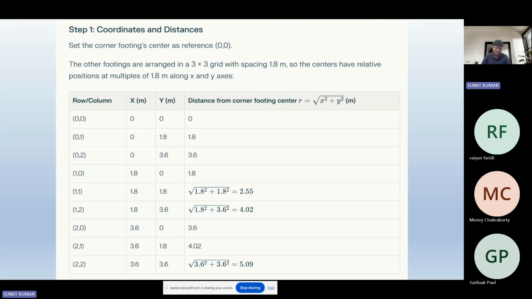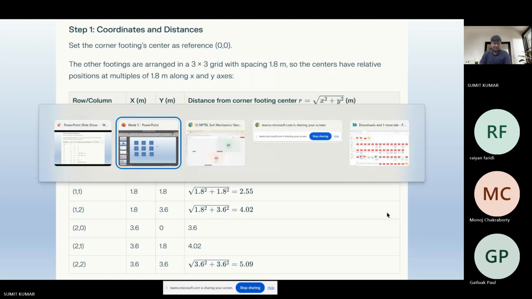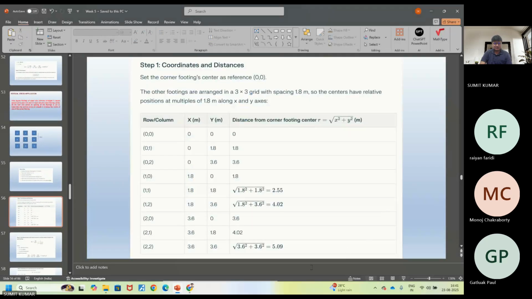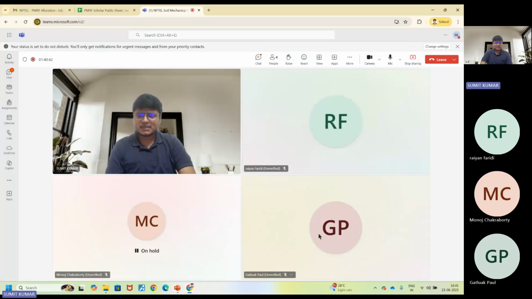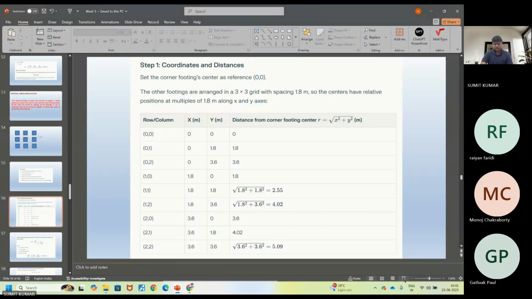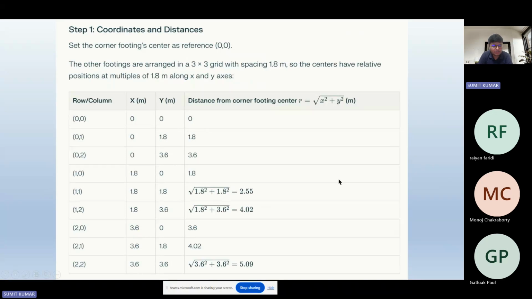So first 0 0, second is 0 1.8, third is 0 3.6, and in this manner we calculate the value of R for all the footings.